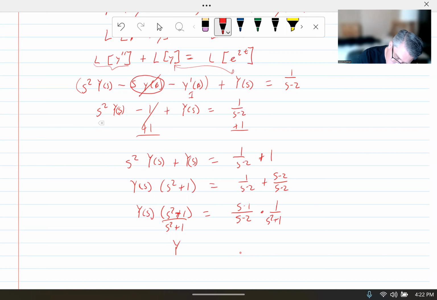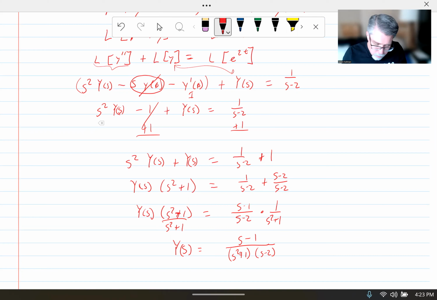And so Y(s) is equal to s minus 1 over s minus 2 times s squared plus 1. Let me put the s squared plus 1 first, times s minus 2.